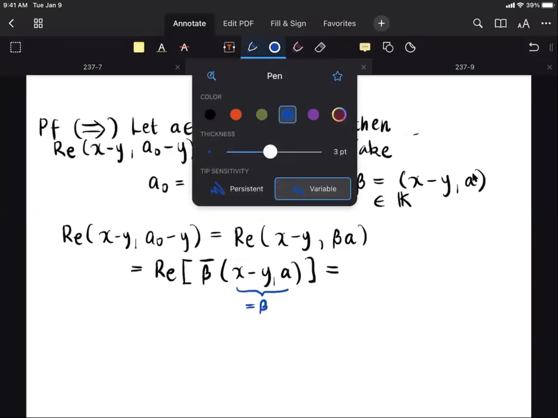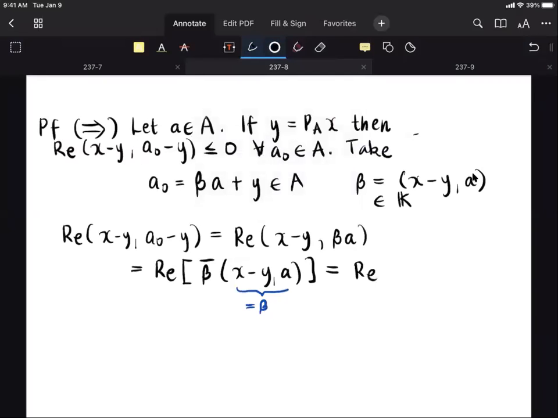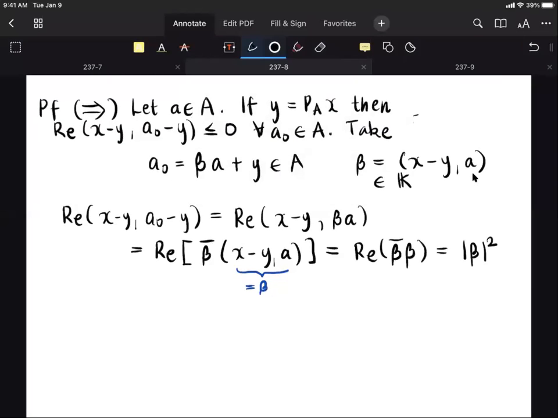So therefore, you have the real part of the product of the conjugate of beta and itself, but that product is basically the modulus of the complex number beta squared. Since this is real, we can ignore the notation for the real part, and take note that these are all equal, then this one is less than or equal to 0.